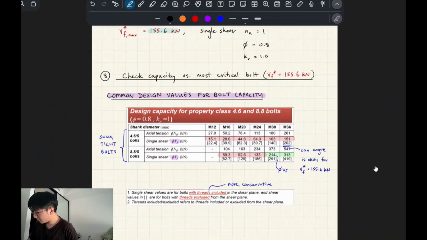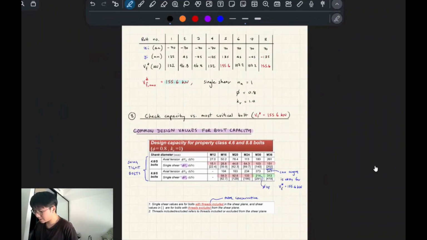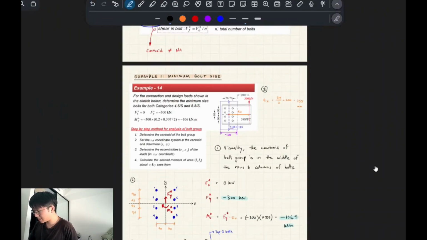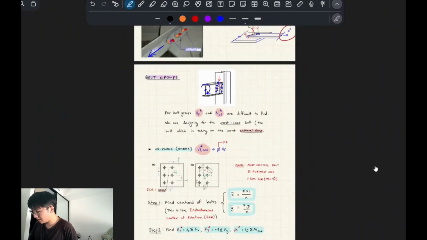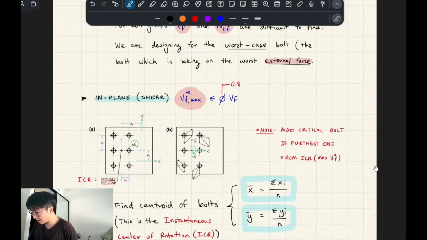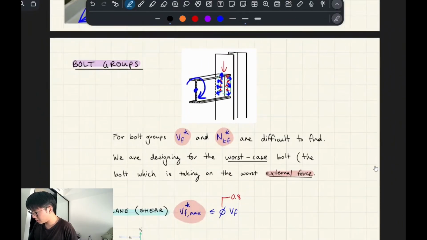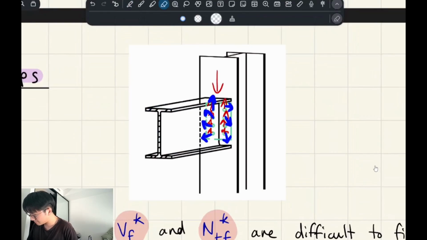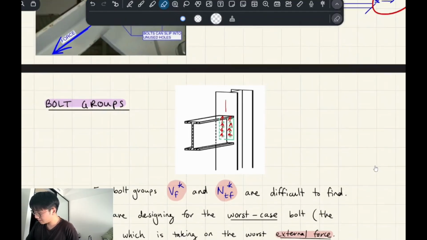Okay, I feel like nowadays it's a lot easier than what you see for connection design, because this is all the in-plane action and you have these weird moments and stuff. But I feel like Brian usually is pretty chill with it. He'll just do, so imagine there's no torsion on this beam. He usually just does the shear or something, for example, of a bolt group resisting this force or something.